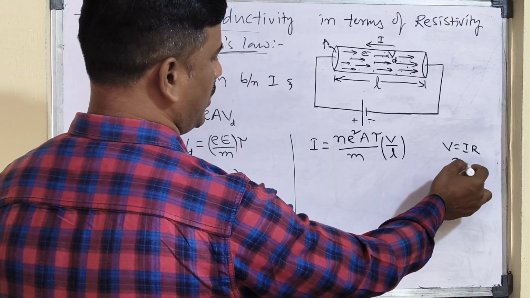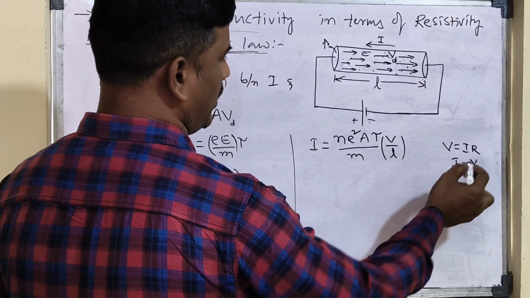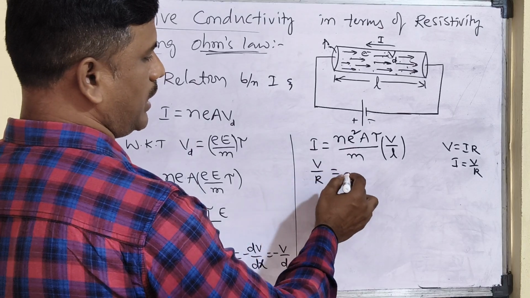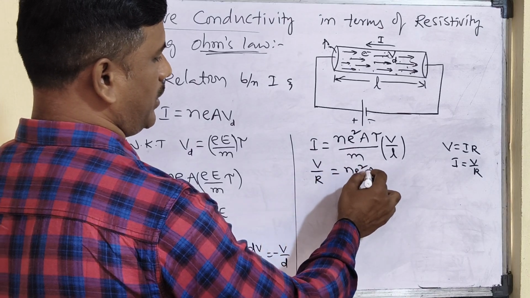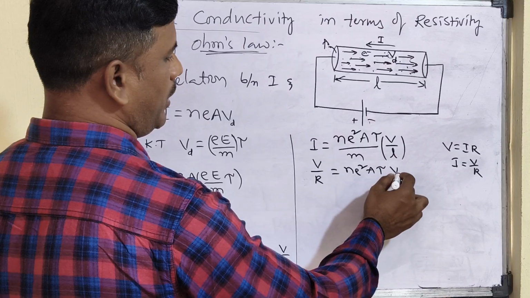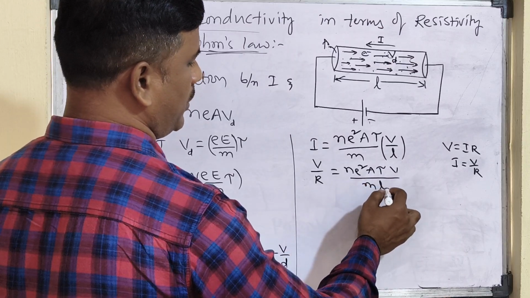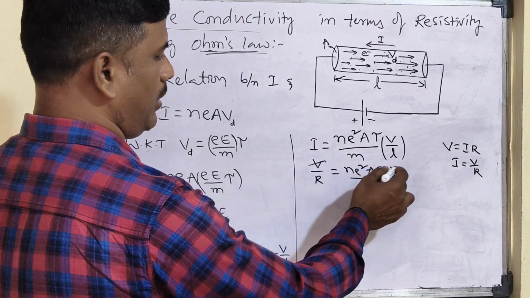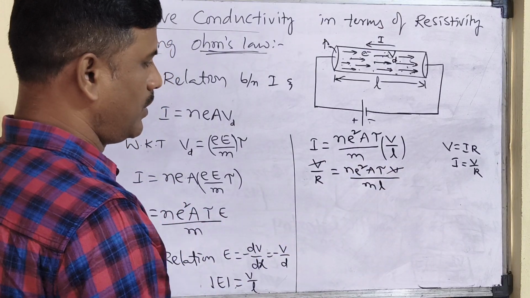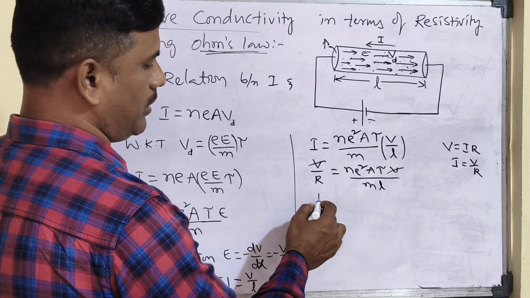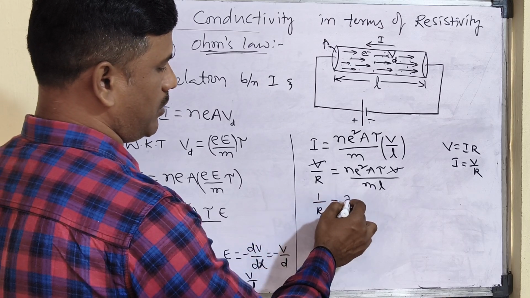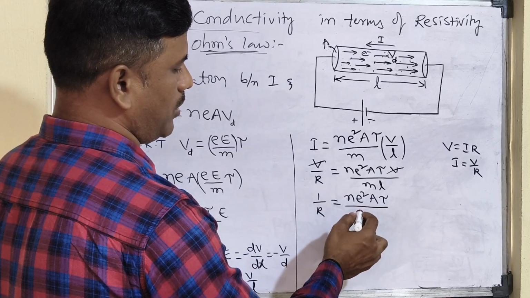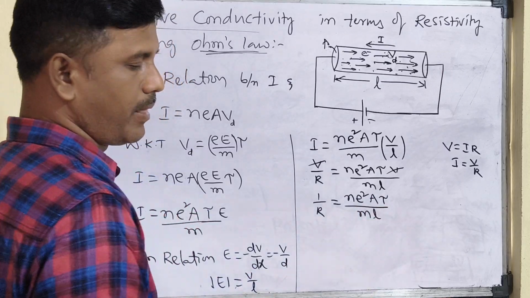So I is equal to V by R. So substitute that value here. So V by R is equal to n e square A tau V by m into L. Clear? Right. Now cancelling terms, V cancels. Now 1 by R equals n e square A tau divided by m into L.